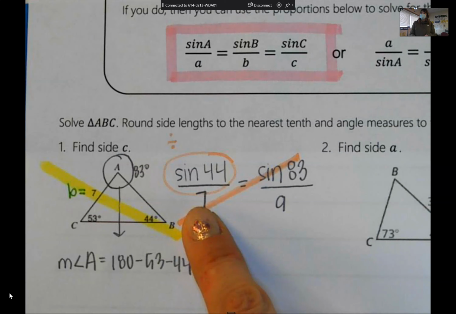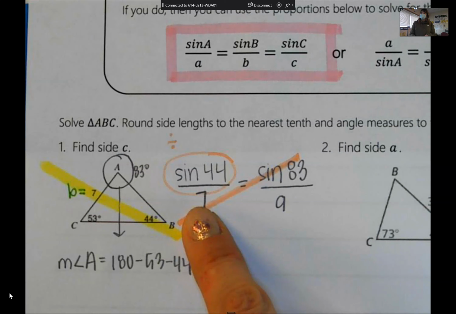Then from there, I go in alphabetical order. So I have to find side A and side C. I'm going to find A first. So I'm doing this relationship first. Well, to do that, I need to know the angle A. And I can find that because they gave me the other two.